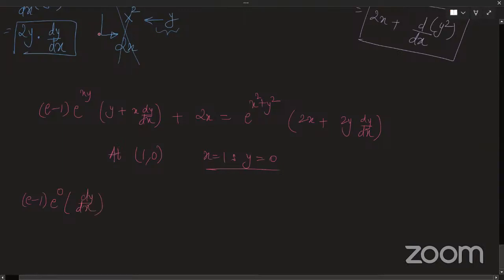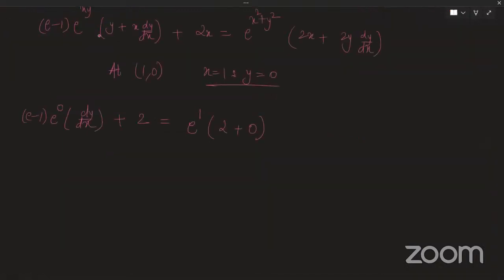Y is 0, so 0 plus 1 time of dy by dx, plus 2x, which is 2, is equal to e raised to x square plus y square. What will be x square plus y square? E raised to 1. Great. Into 2 plus 2y times dy by dx. This whole thing will be 0, because it is 2 into y, and y is 0.